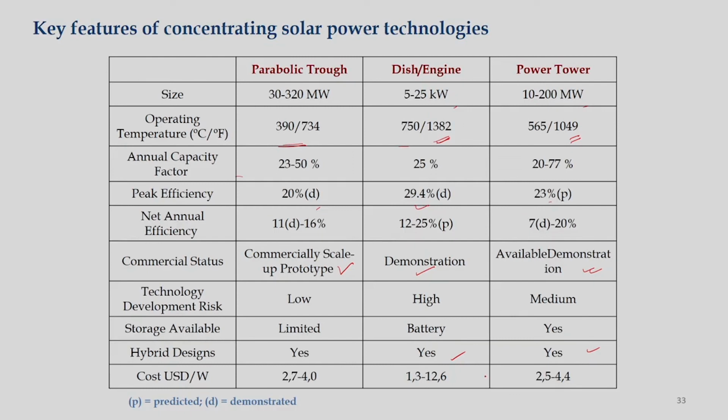Cost wise also we can compare. The cost of the dish is somewhat higher compared to the others, and of course power tower is also high. So, we have to compromise on cost in those cases for generation of electricity by using thermal routes.